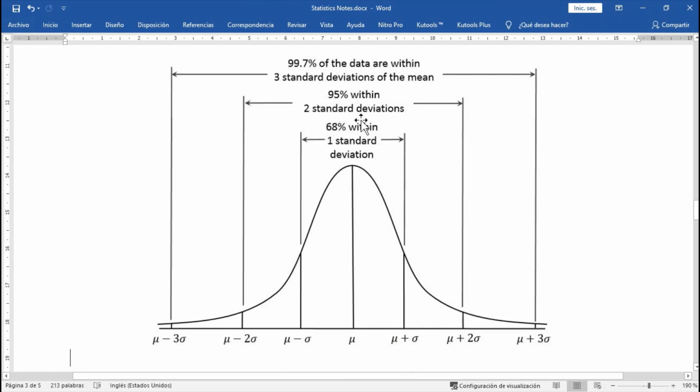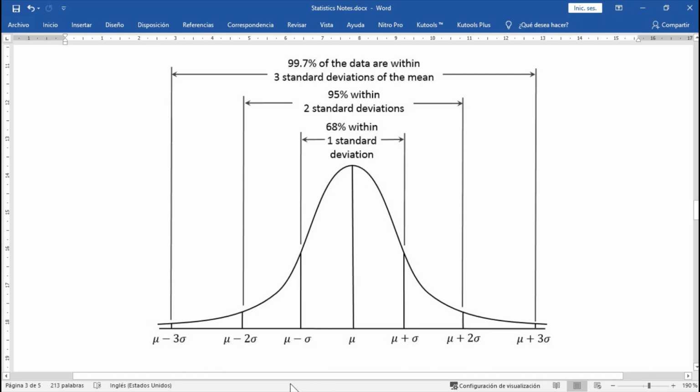So you have your mean, you're going to sum the mean plus one standard deviation, and you're going to subtract one standard deviation from the mean. 68% is within. If you use 2, 95%, and most of the data is going to be within the 3 standard deviations. That is like the logic of the values in statistics. This is just a general example, and that's why we are checking the dispersion. How far away the values are from the mean, right?